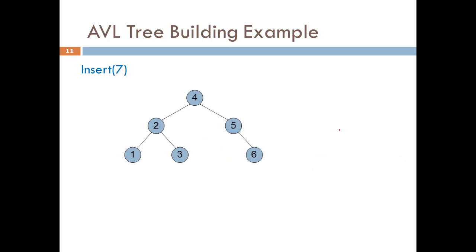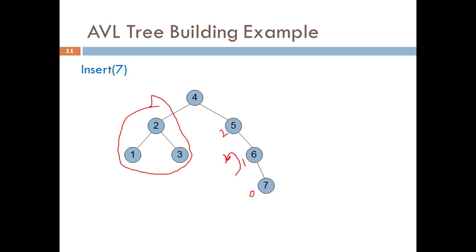Okay, next insert 7. Quickly insert 7, where it will be to the right of the 6 here. After inserting 7, this part will not be affected because the insertion is on the right side. So we need to check this one. Once we are expert, we can quickly identify that this will be the point where the rotation needs to be performed, because this is making a pattern of single left rotation.